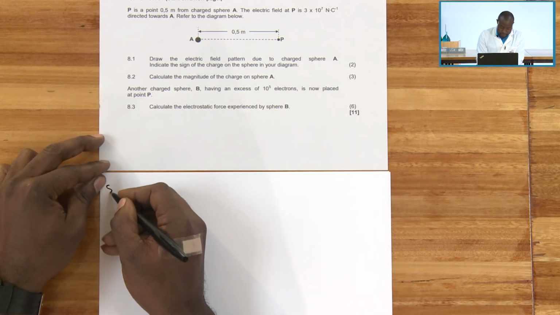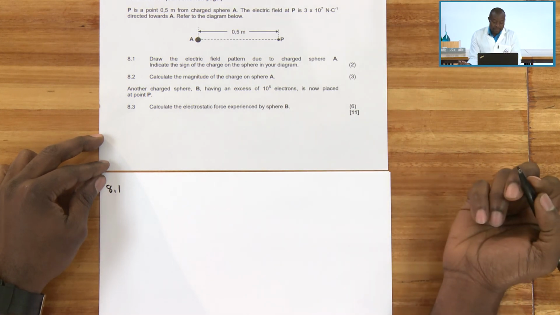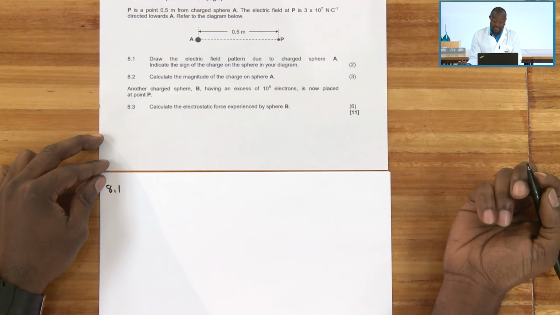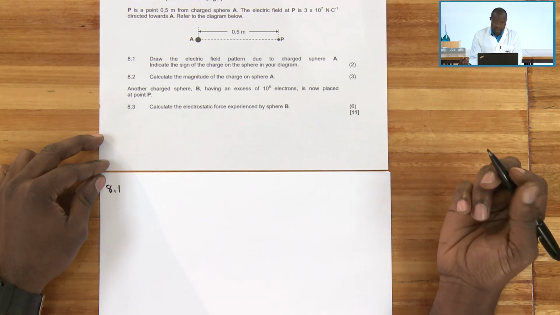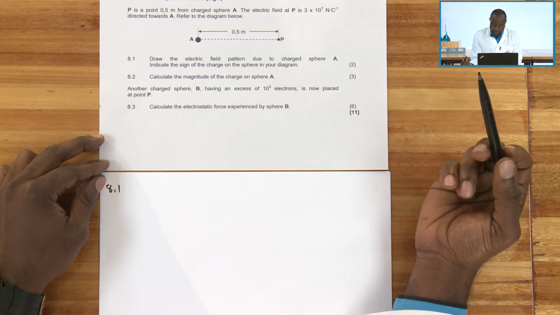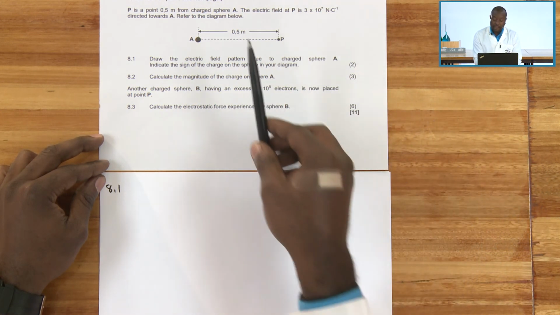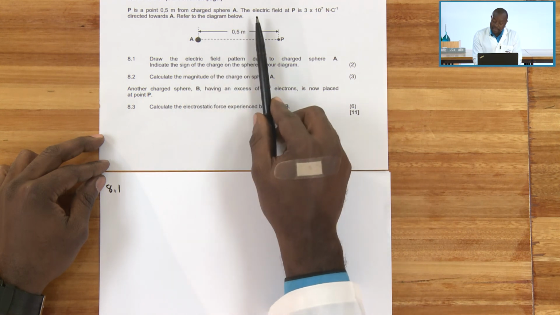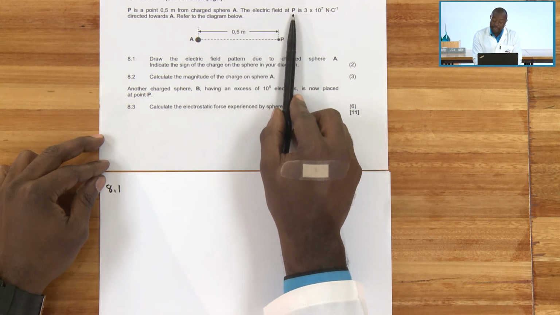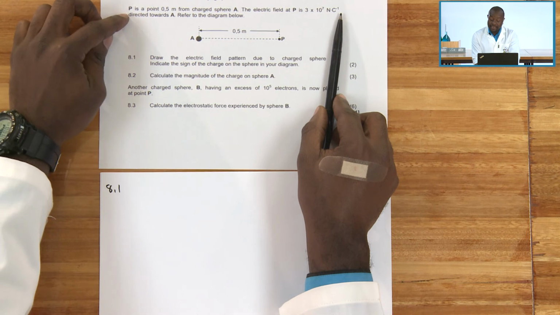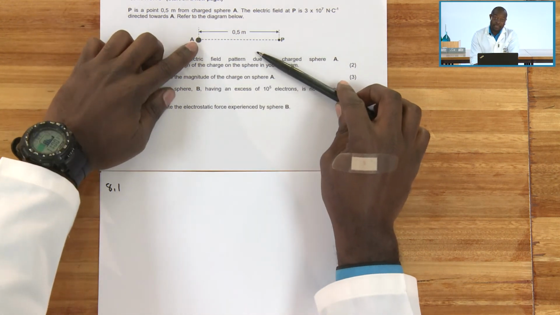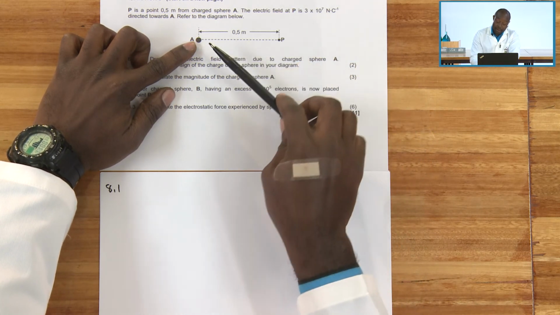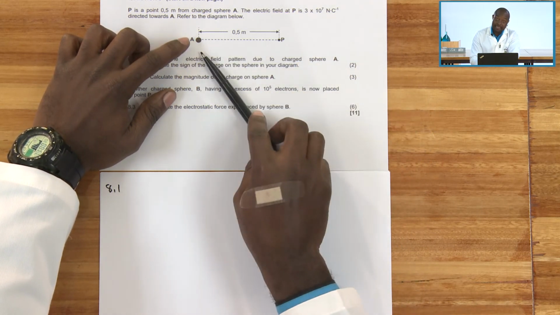8.1, draw the electric field pattern due to charged sphere A. Indicate the sign of the charge on the sphere in your diagram. So, looking at our diagram, we are told that the electric field at P is that value directed towards A. So the fact that our electric field is going towards A tells us that the charge on A is a negative charge.